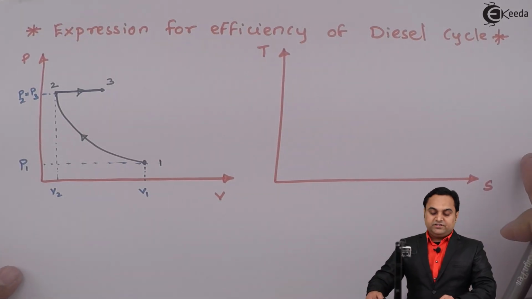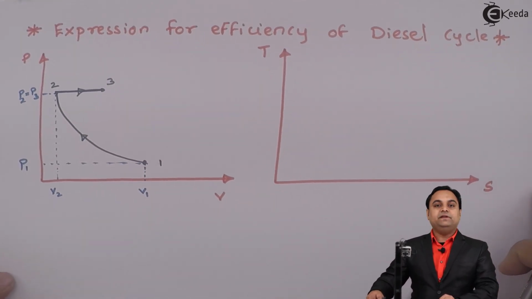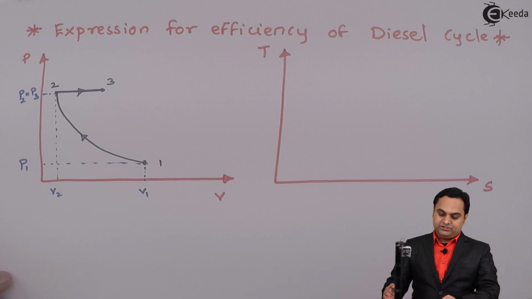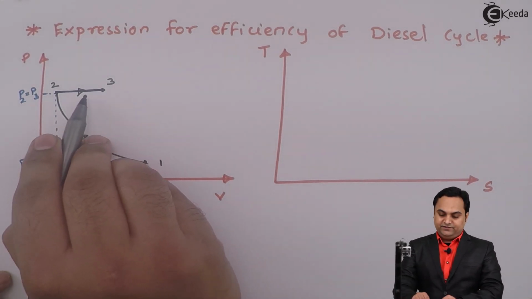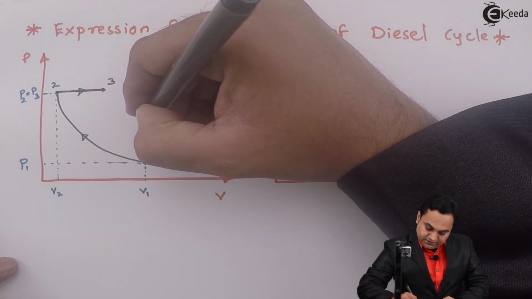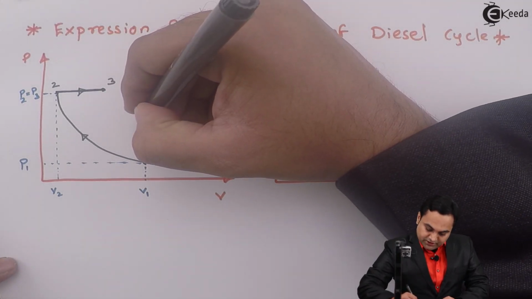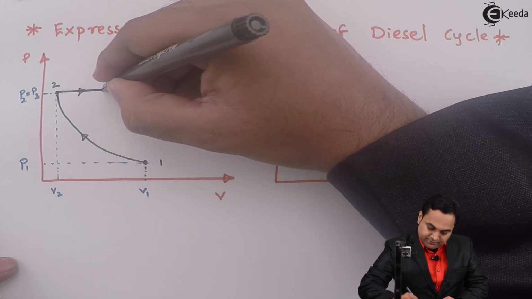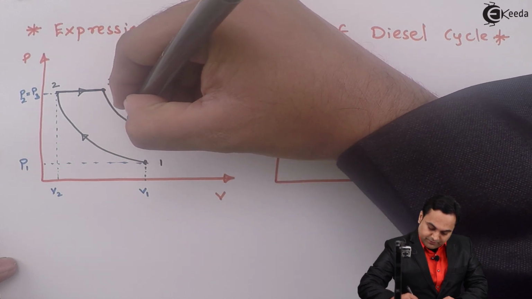Next, after this, process 3 to 4 will be isentropic expansion. That is, once the heat has been added from point 2 to point 3, next there will be the expansion process, and that will also be reversible adiabatic, that is isentropic expansion.